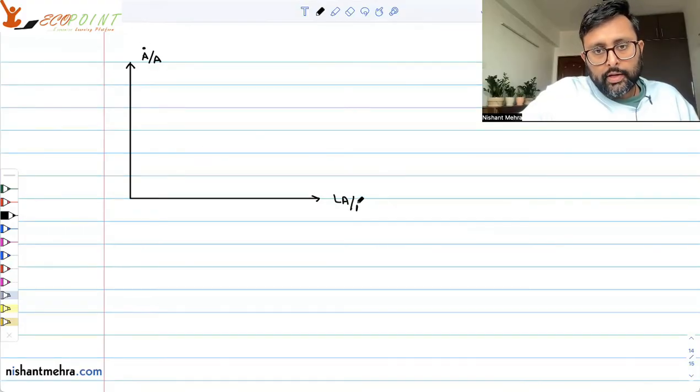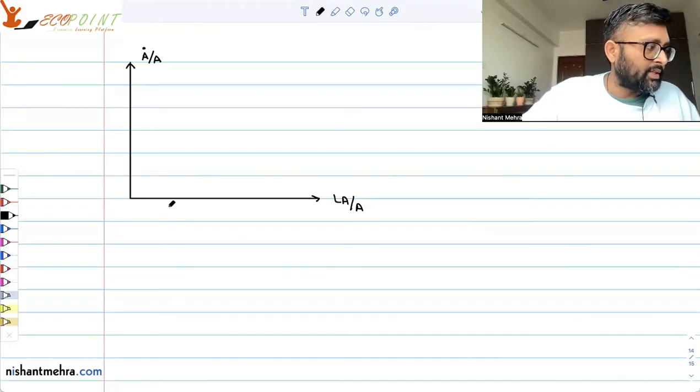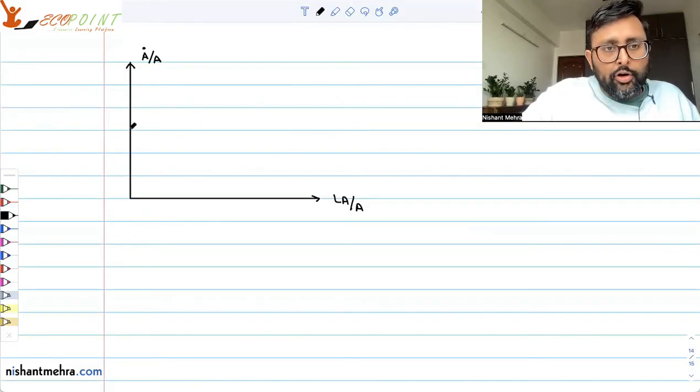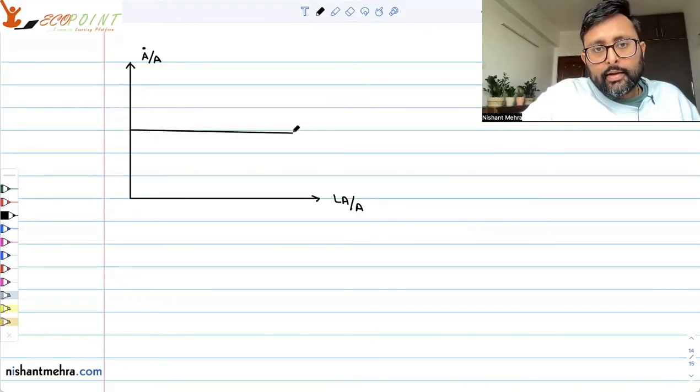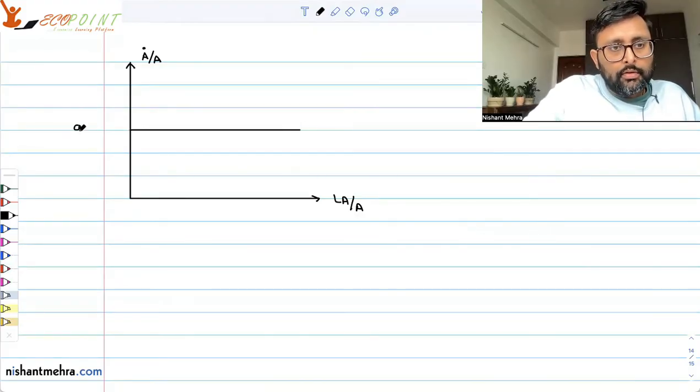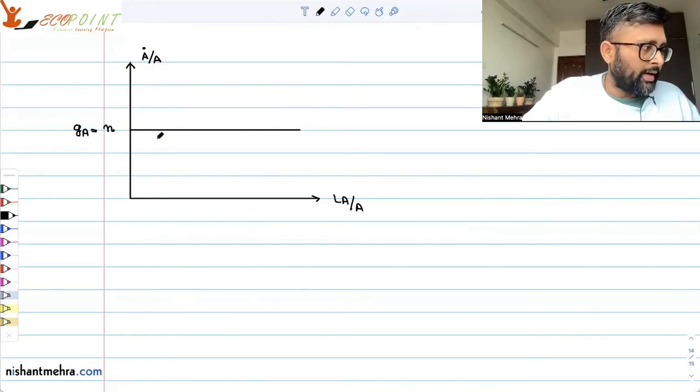This is this ratio, LA by A. Now, on the balanced growth path, A dot by A, your growth of technology, is equal to the population growth, right?